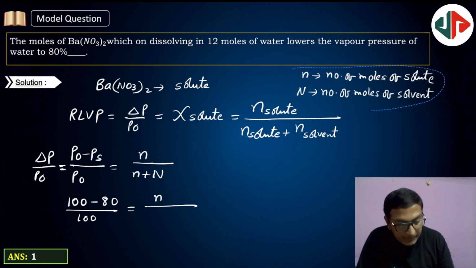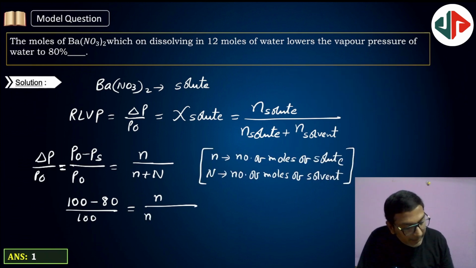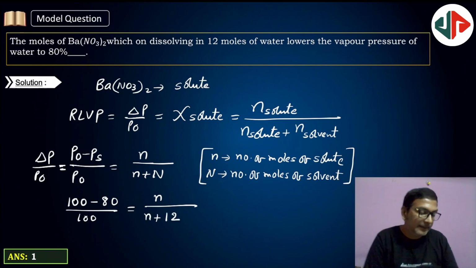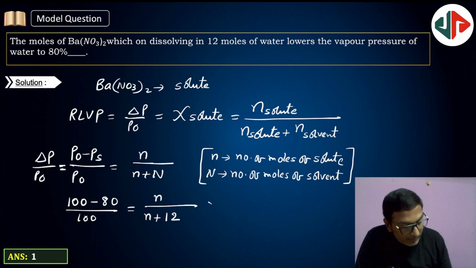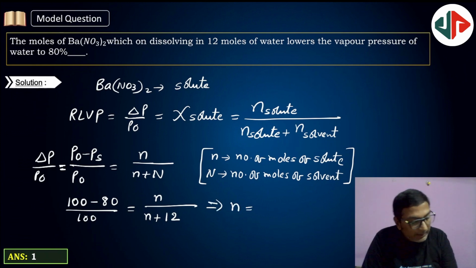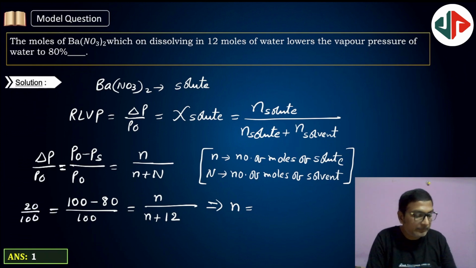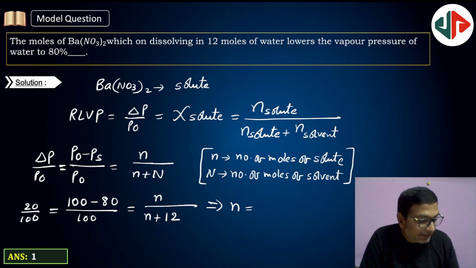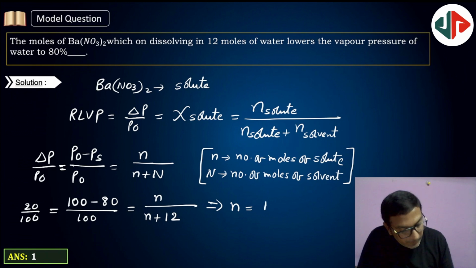Write here n by n plus 12 moles of water. By solving we'll get n value as 20 by 100, so that is 0.2. Therefore n value 1.